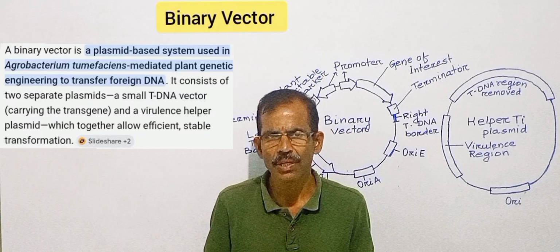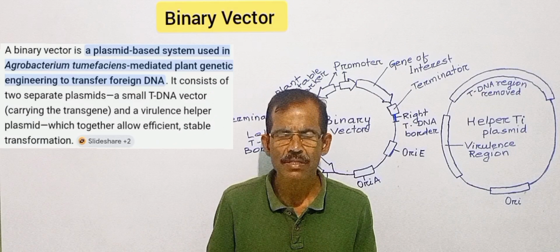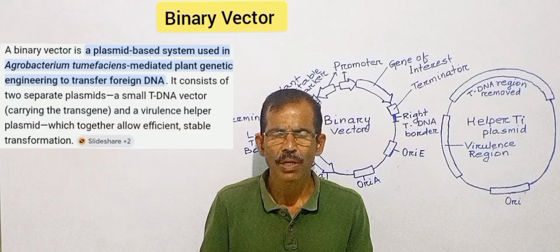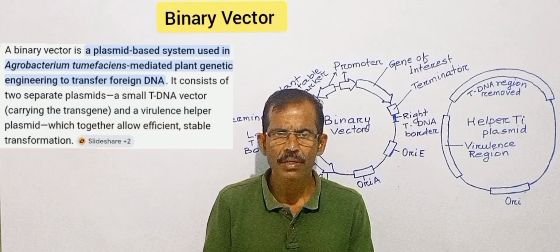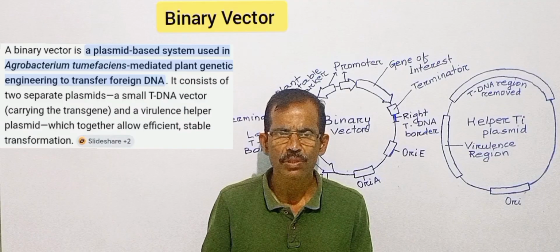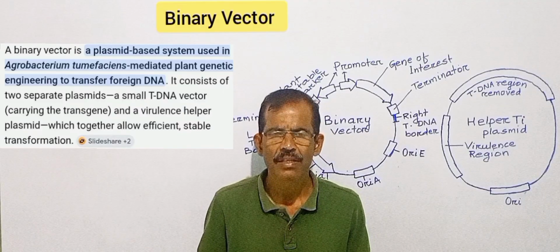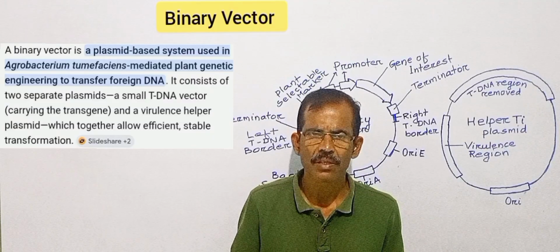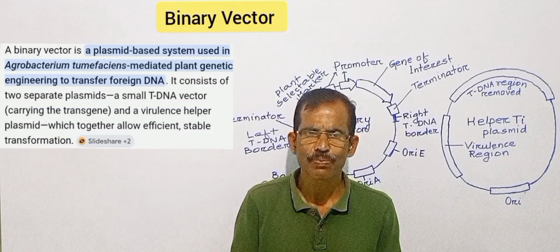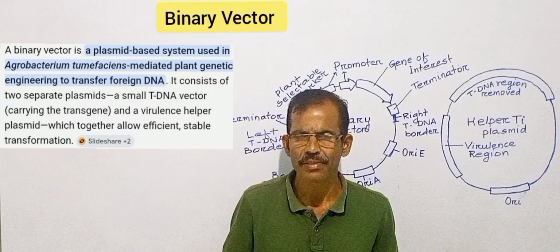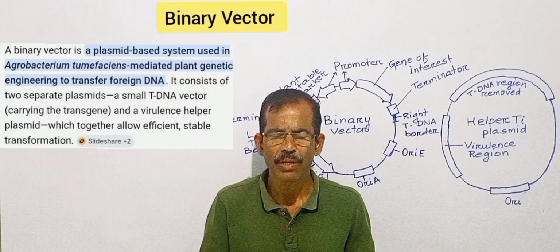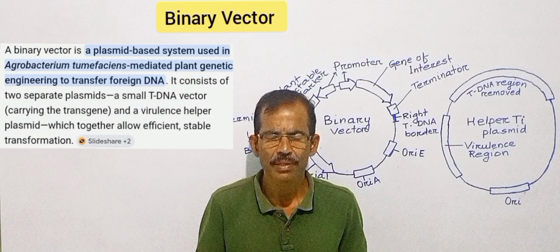In addition to this, wild-type plasmids do not have essential sequences such as multiple cloning site, promoter, terminator, suitable origins of replication and selectable marker genes for identification and selection of transformed bacterial and plant cells. All these problems are overcome by disarming wild-type Ti plasmid.